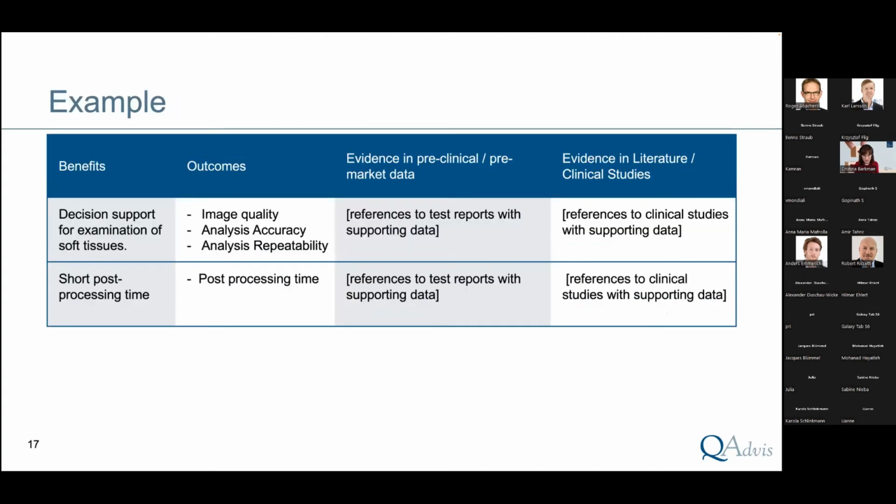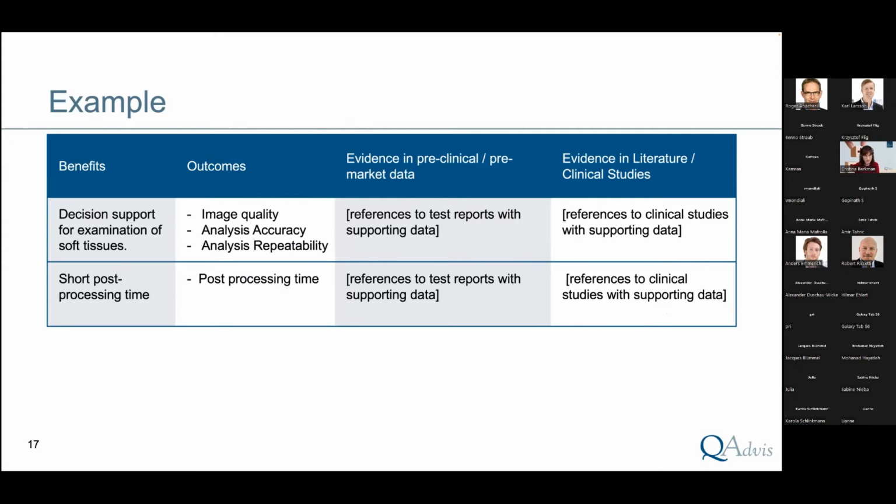And here is an example. This is an example of a software medical device which is used for post-processing of magnetic resonance images. And this device is providing decision support for examination of soft tissues.